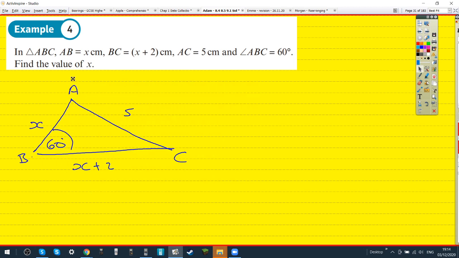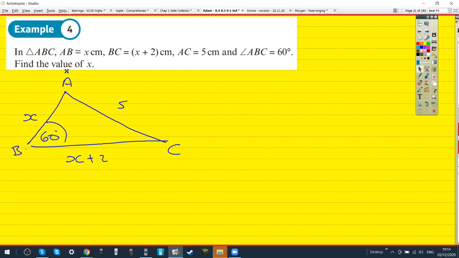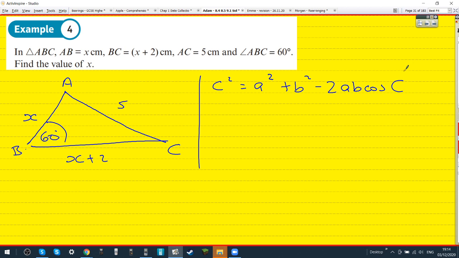So c squared equals a squared plus b squared minus 2ab cos C, or theta. The reason why you use C is because it's the side opposite angle C. So what is C in this case?